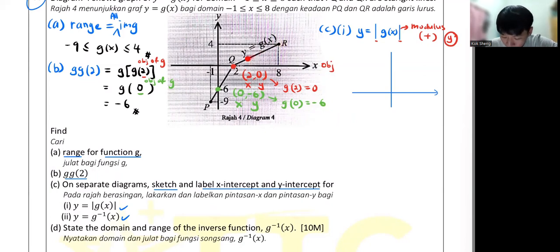So see the graph here. This part of the graph is already positive. Not sure you can see the color or not. So this part remains in the same place, but the bottom here, the y is negative. Maybe the color cannot be seen, I draw again.